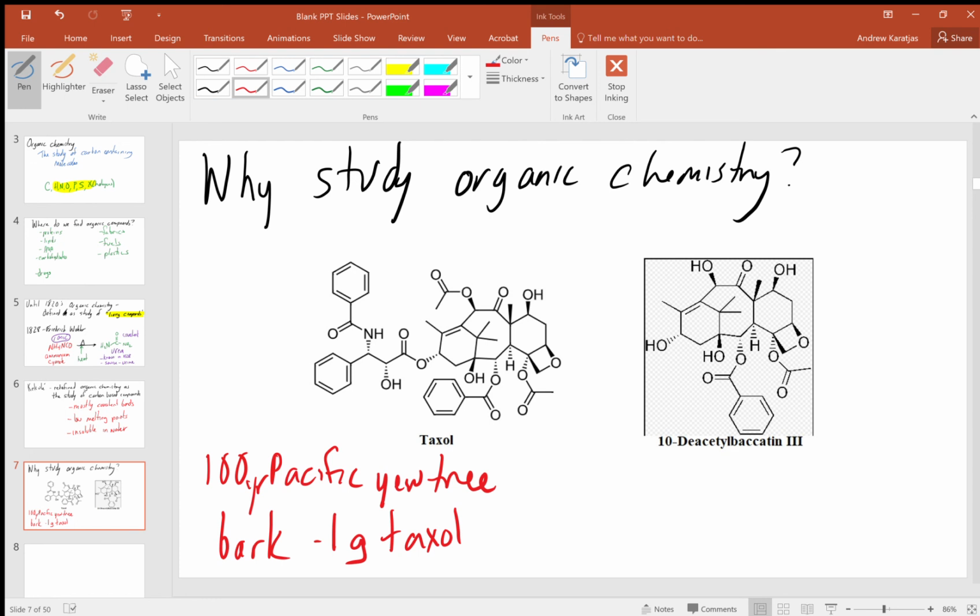So what were the other options? Because it was found to be very, very helpful. Well, chemists said, we can make it. And so a research group down at Florida State became the first group to successfully synthesize Taxol. And they found that it took 46 steps. So by 46 steps, we mean 46 sequential reactions.